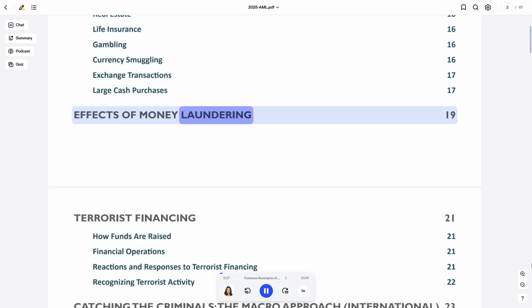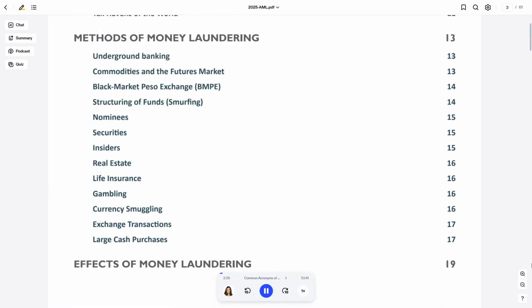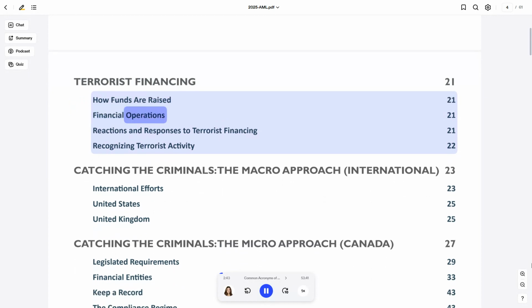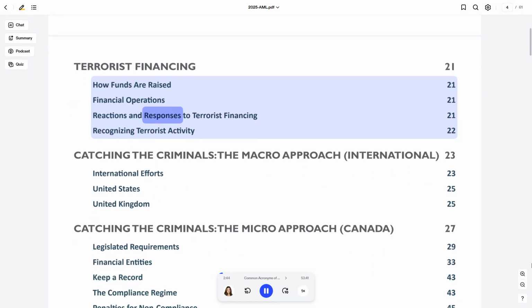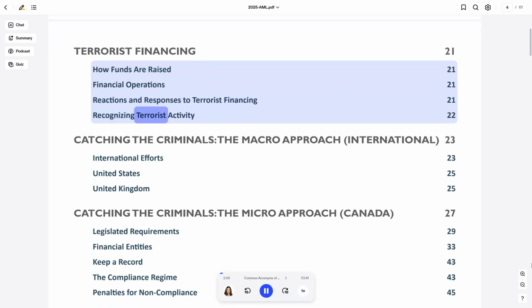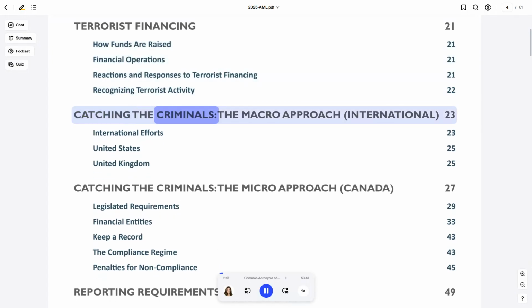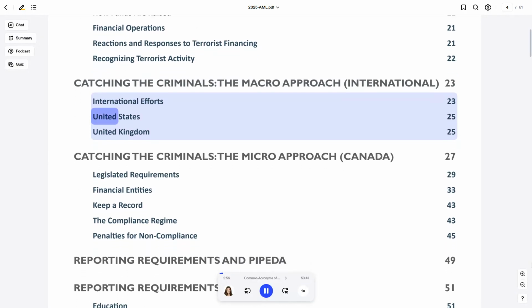Effects of money laundering. Terrorist financing: how funds are raised; financial operations; reactions and responses to terrorist financing; recognizing terrorist activity. Catching the criminals, the macro approach: international and United States.